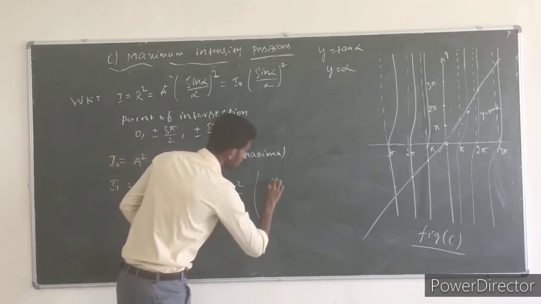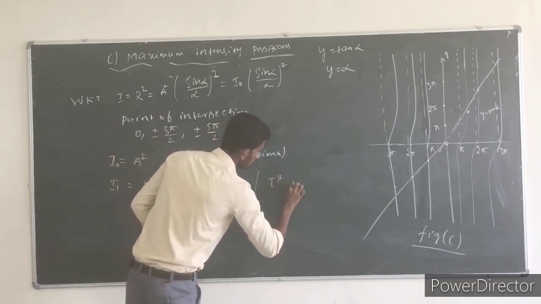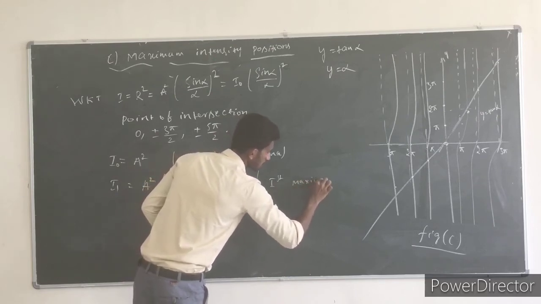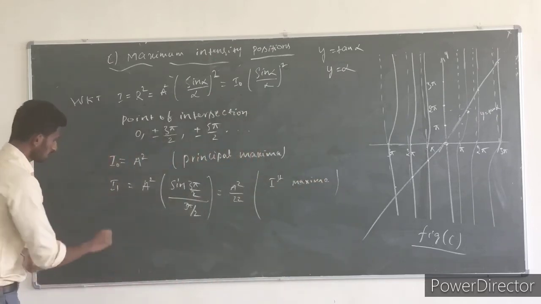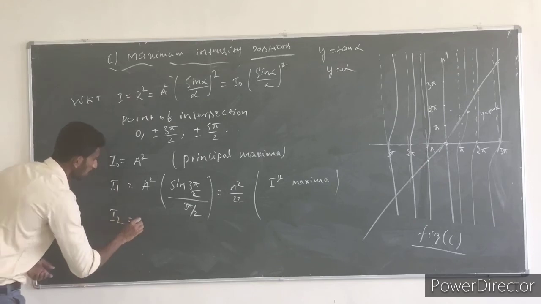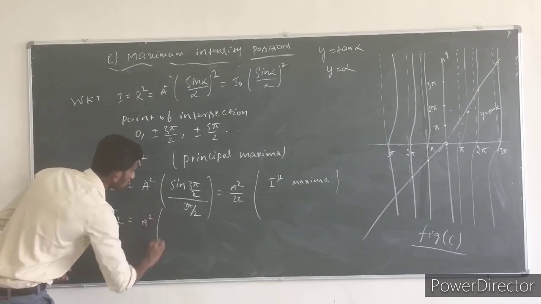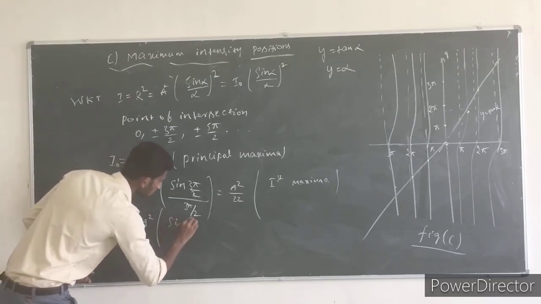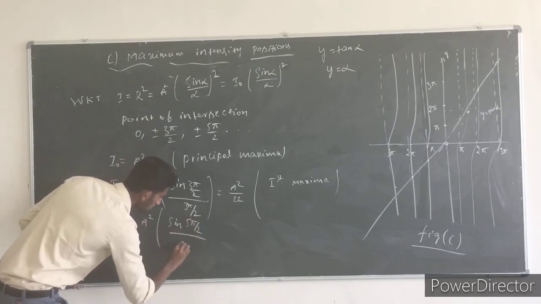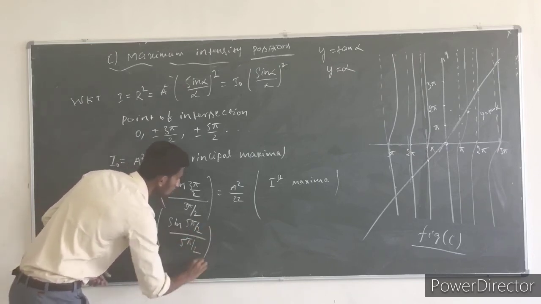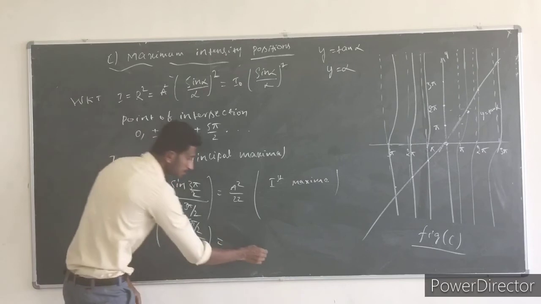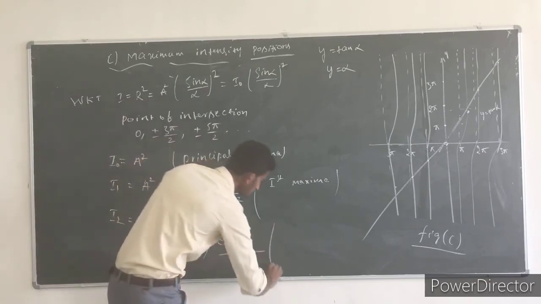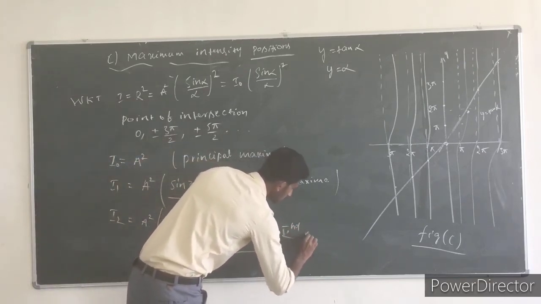So this is the first maximum. Similarly, I2 is equal to a square into sin 5 pi by 2 divided by 5 pi by 2. If I solve this, we get some value. So that is my second maximum.